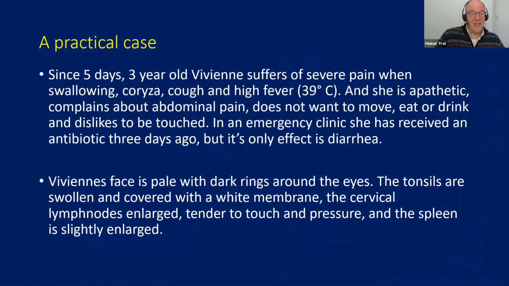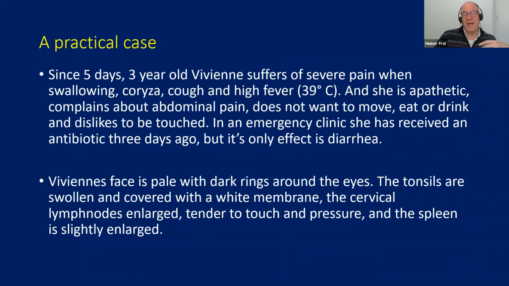Upon examination, the girl is pale with dark rings around the eyes. The tonsils are swollen and covered with a white membrane. The cervical lymph nodes are enlarged, tender to touch and pressure, and the spleen is also slightly enlarged.